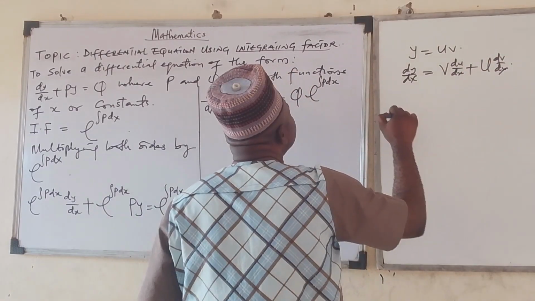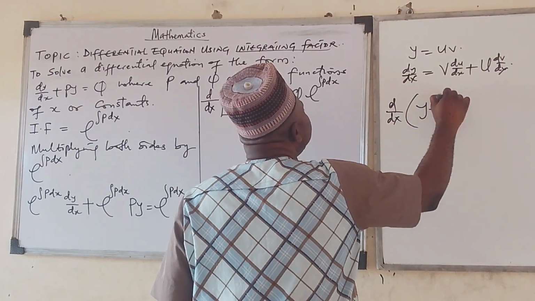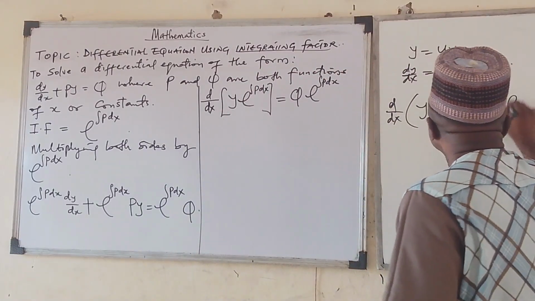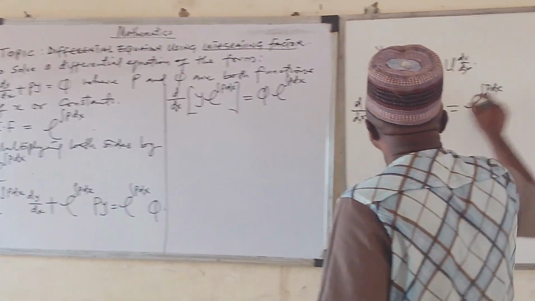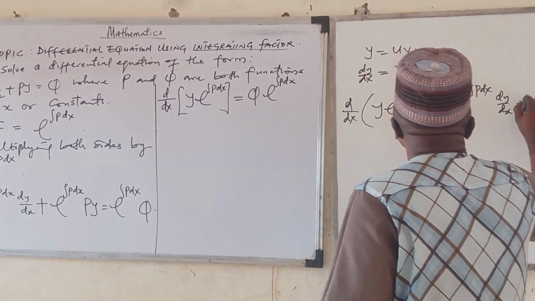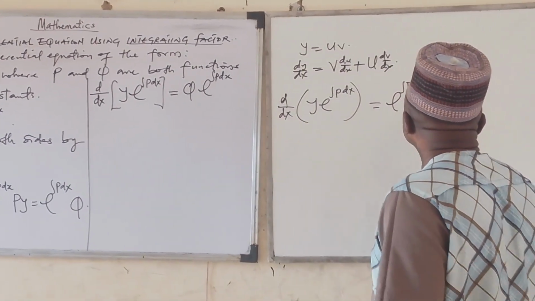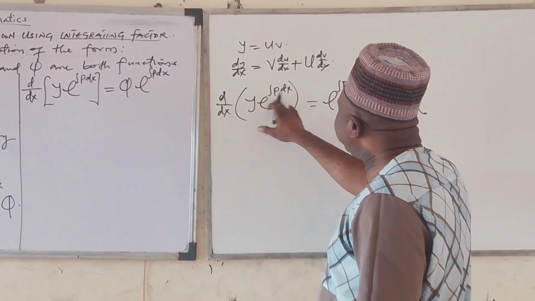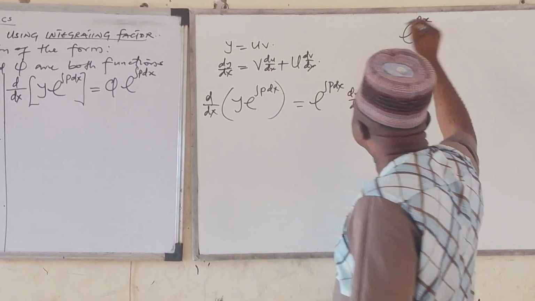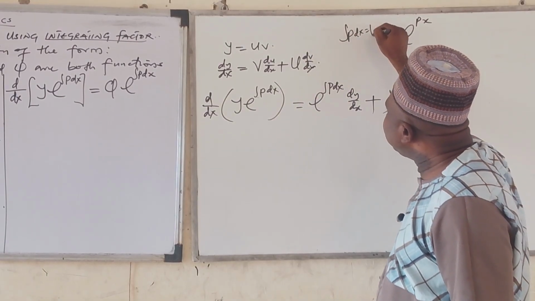It therefore means that when you differentiate y e raised to the power of integral P dx with respect to x, you pick e raised to the power of integral P dx and differentiate y to give dy/dx. Then plus, you pick your y and differentiate this, because integral P dx is the same as saying Px. Yes, because when you integrate P dx, it gives Px.